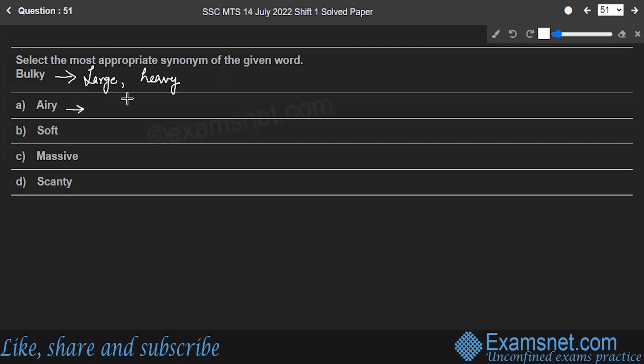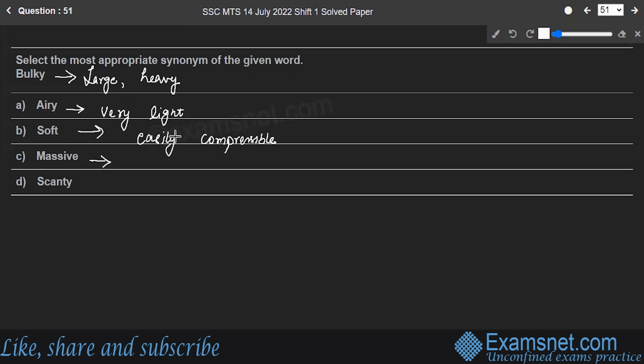And the word airy, it means very light, like air. And soft, you know the meaning of the word soft, something which is not hard or firm, or which can be easily compressed when pressed. Easily compressible. Then is the word massive.